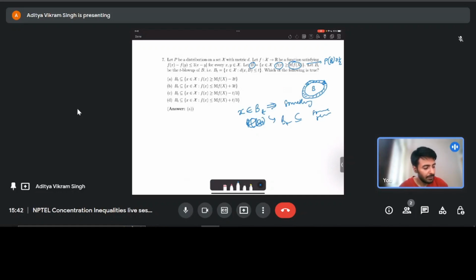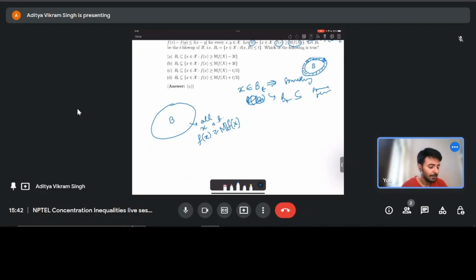So we know that if this is B, B is defined as all x such that f(x) is greater than or equal to the median of f(x).